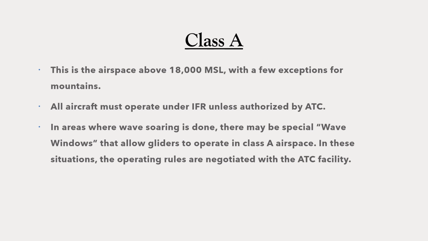And gliders will be allowed to operate within that wave window. And there usually will be some special rules. What the rules are depends on what got negotiated with the ATC facility, whatever they agreed to. So you need to get a briefing that tells you what those rules are, and then you need to follow them.